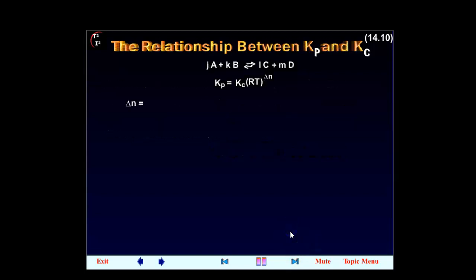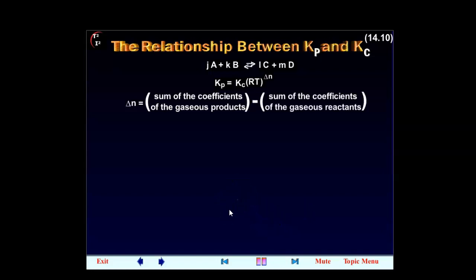Delta N is equal to the sum of the coefficients of the gaseous products minus the sum of the coefficients of the gaseous reactants. Therefore, for the general reaction, delta N is equal to the quantity L plus M minus the quantity J plus K. Very interesting now.